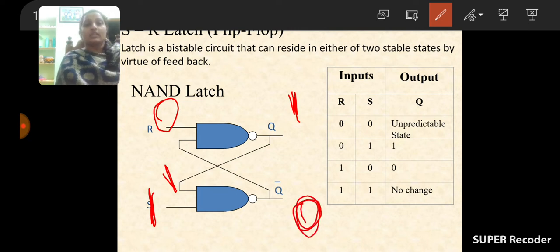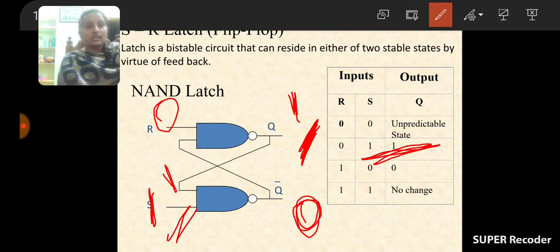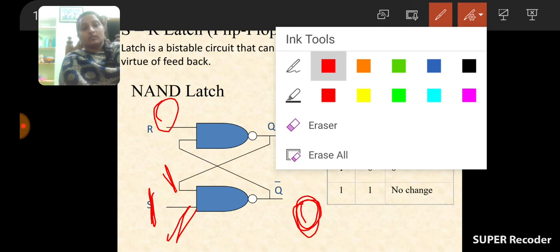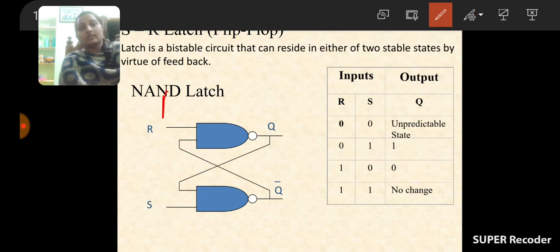So if S is equal to 1, the normal output Q is equal to 1. This state of the flip-flop is called the set state. What is the name of this state? Set state.